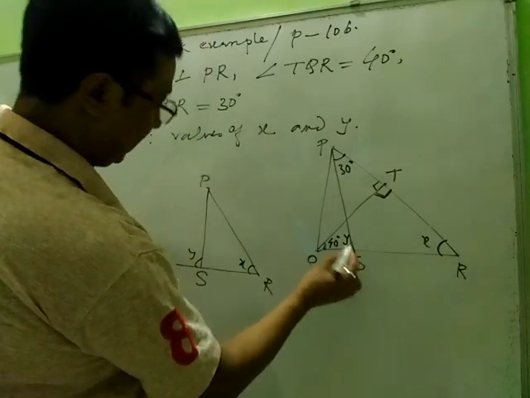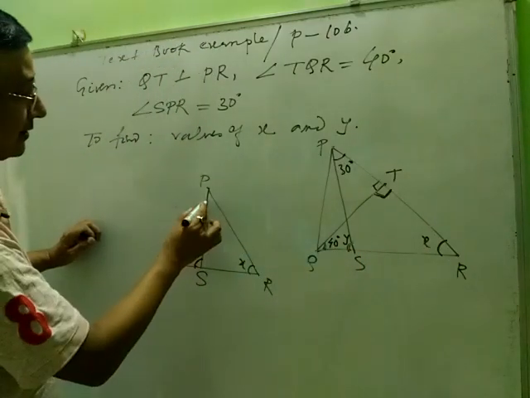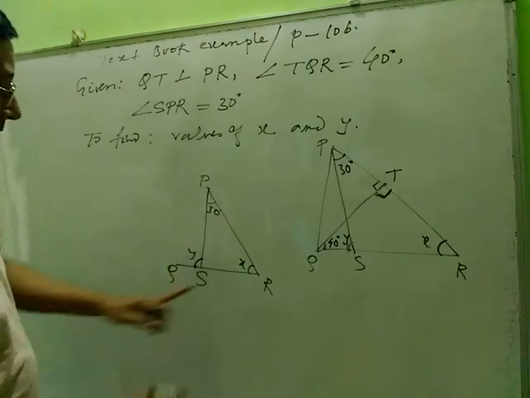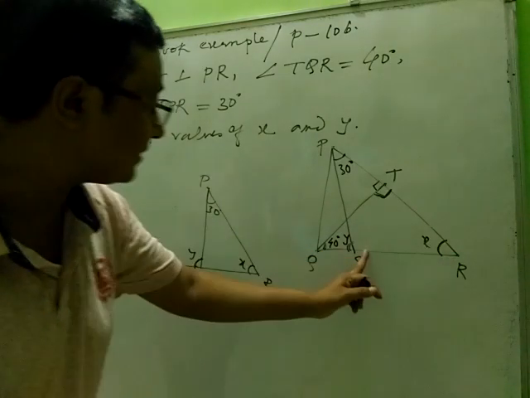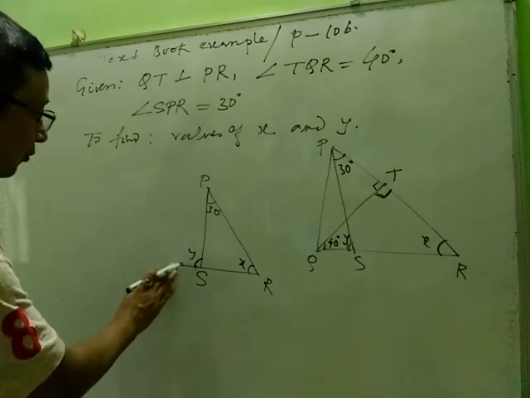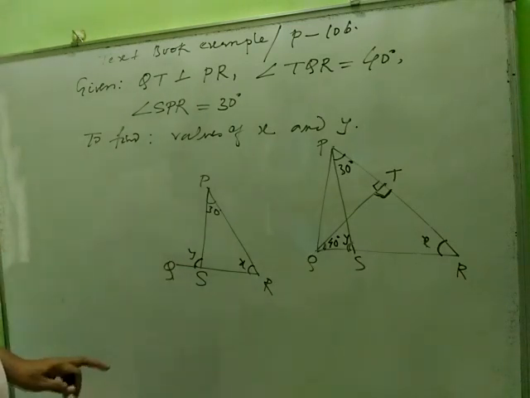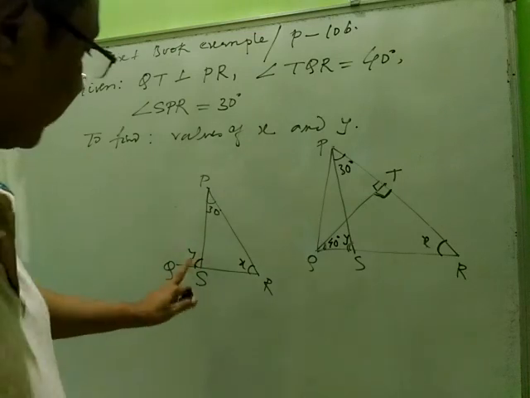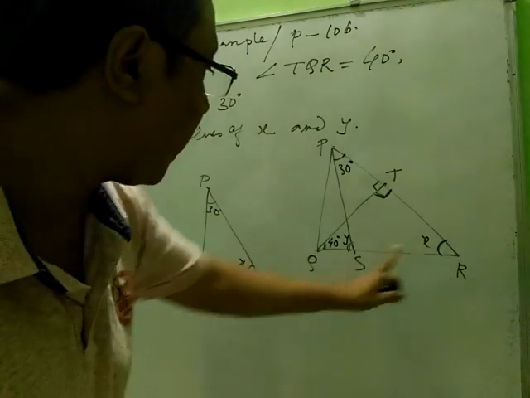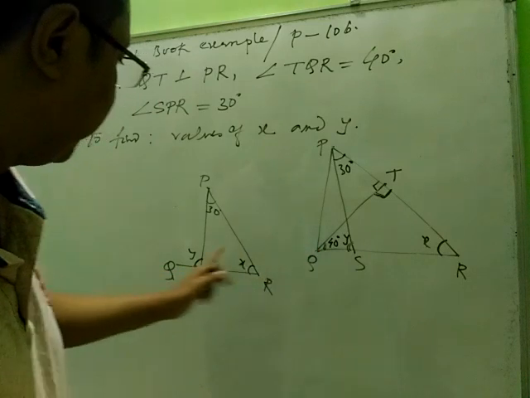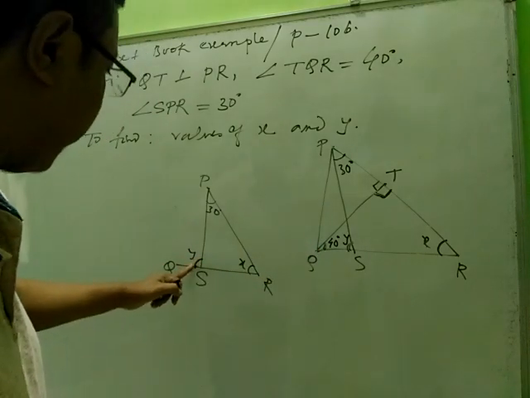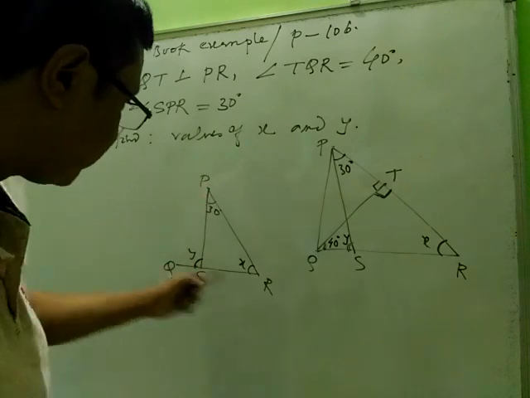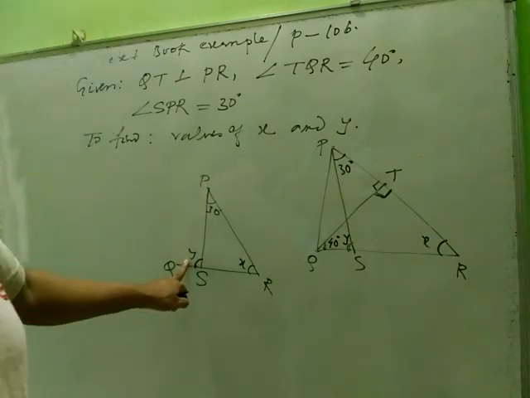Now you need this Y, and here it is given 30 degrees. Here the side RS is produced to Q, forming this exterior angle, Y. You have seen this Y is outside the triangle, so this will be the exterior angle.